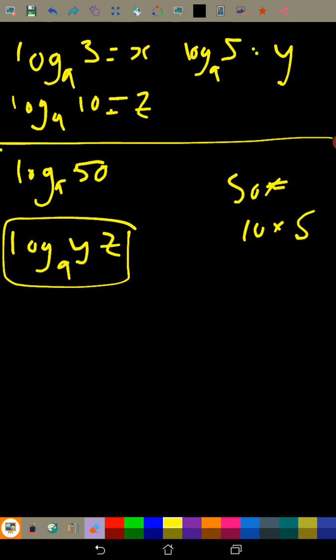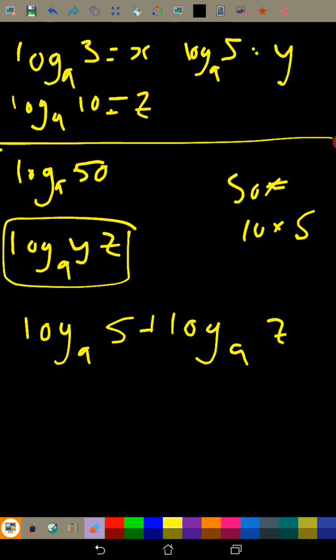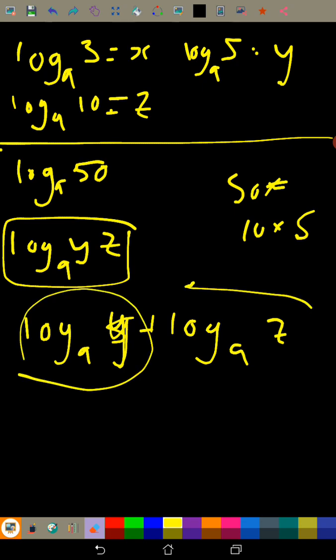There is more to it, because this can be expressed as log a y plus log a z, sorry, y z, and we have this here.